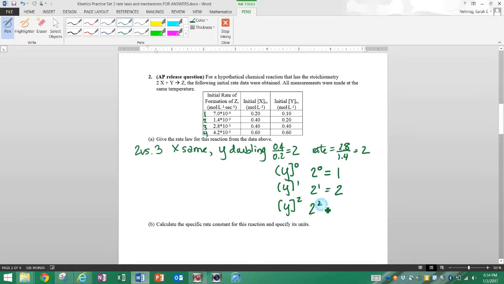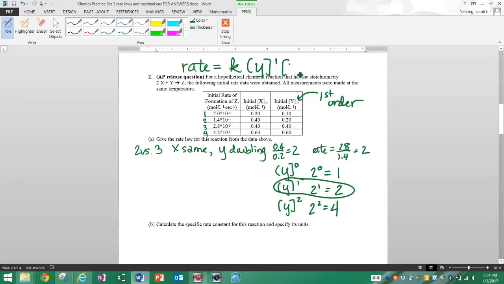If it were second order and I doubled y, my rate would quadruple. So if you ask yourself what fits, it looks like y is first order. Okay, so I'm going to start writing that at the top. So rate equals k times y to the first order. We still don't know x yet. We have to figure that out.